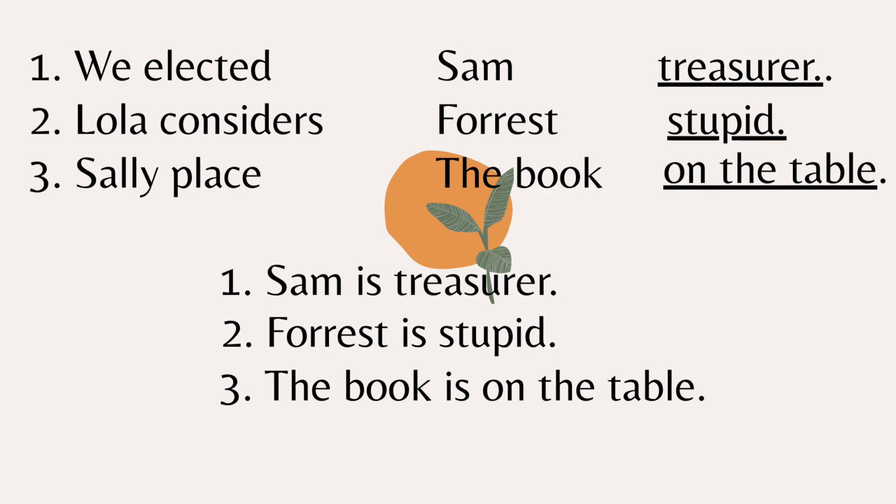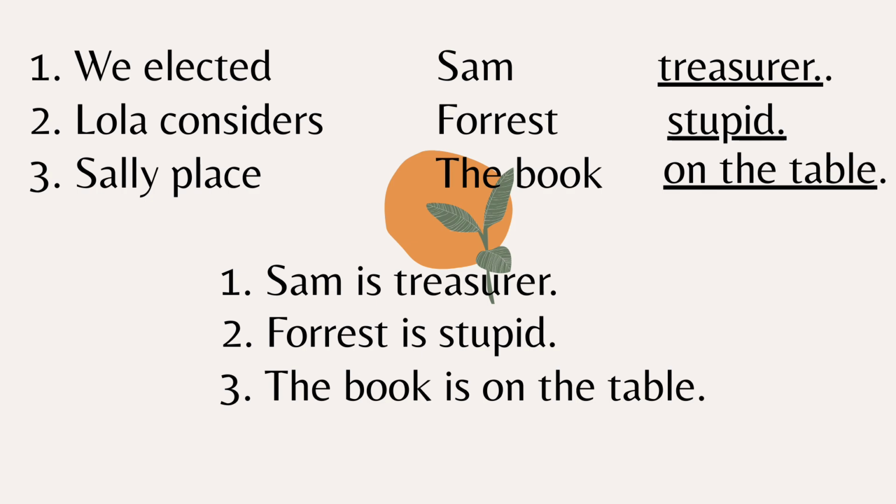In these three examples, the direct objects are Sam, Forrest, and the book. And the object predicates, the underlined ones, are treasurer, stupid, on the table.